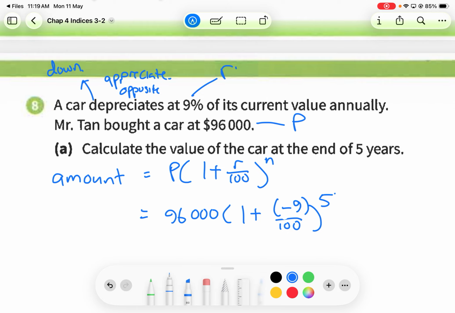Okay? I can put a minus with my rate, or I can change this from 1 plus 9 over 100 to 1 minus 9 over 100.